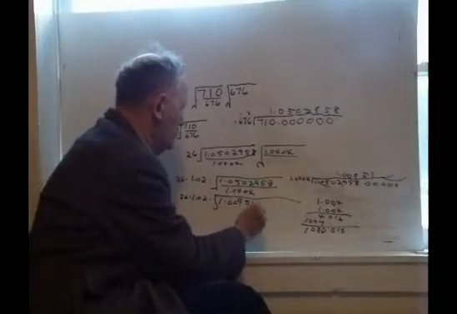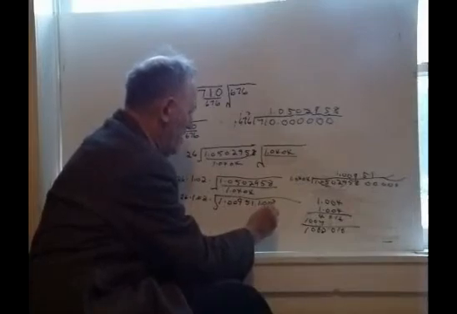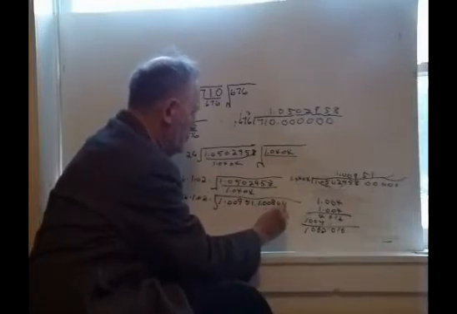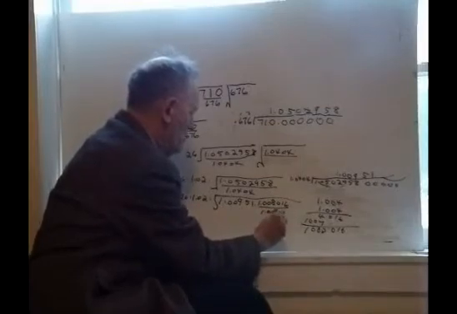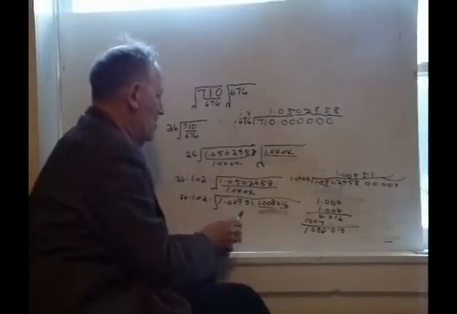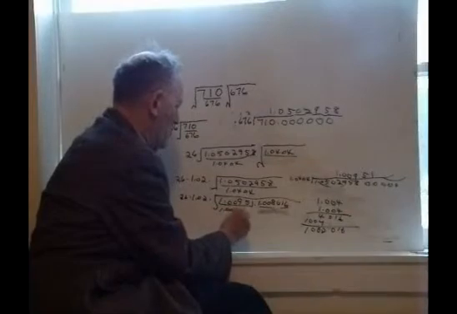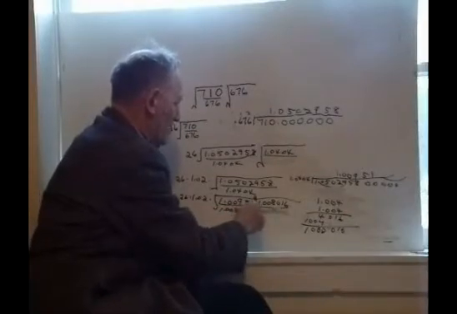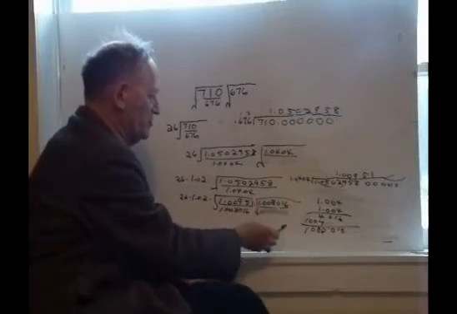I'm now going to multiply this by 1.008016 and divide by 1.008016. I'm going to change the denominator, 1.008016, and then I'm going to break this up into two radical signs. I'm going to take the square root of this.